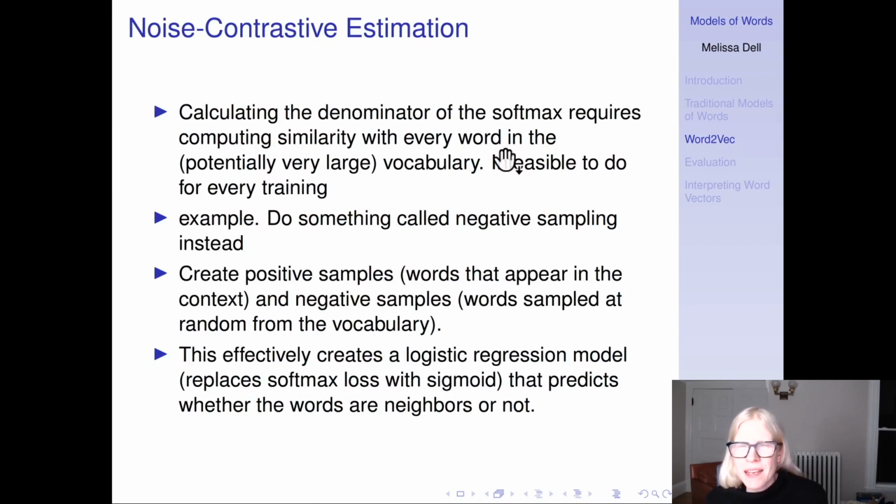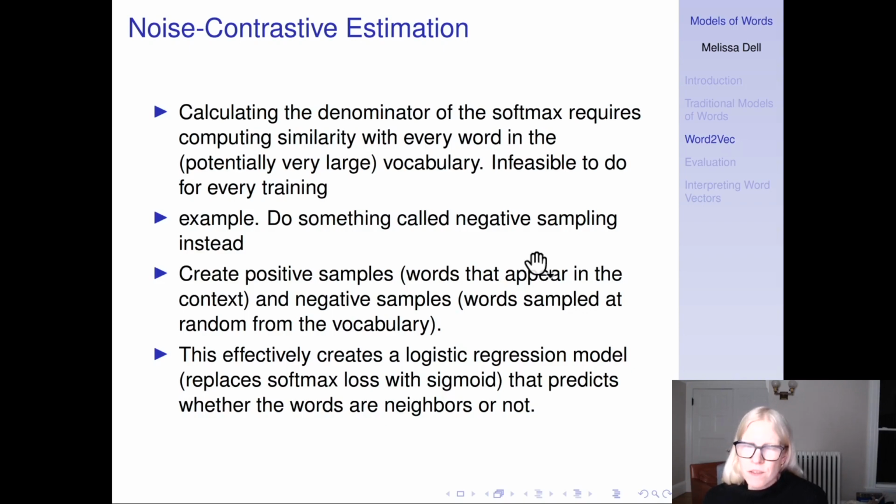The challenge of doing that in this context is calculating the denominator of the softmax requires computing similarity with every word in a potentially very large vocabulary, and it's infeasible to do that for every step in training. And so instead, you can do something called negative sampling. So create positive samples, which are words that appear in the context, and negative samples, which are words sampled at random from the vocabulary.